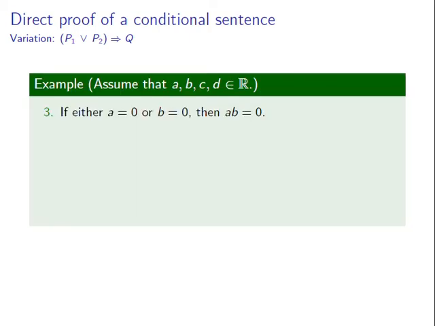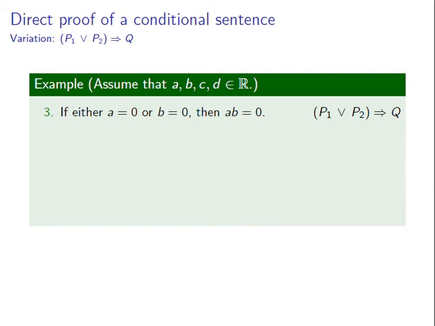For example, consider the claim: if either A equals 0 or B equals 0, then AB equals 0. Let P1 be the sentence A equals 0, P2 be the sentence B equals 0, and Q be the sentence AB equals 0.